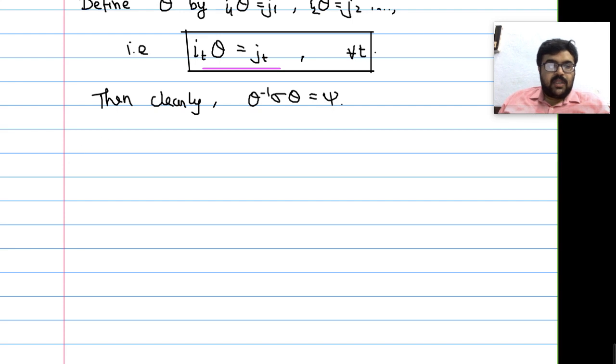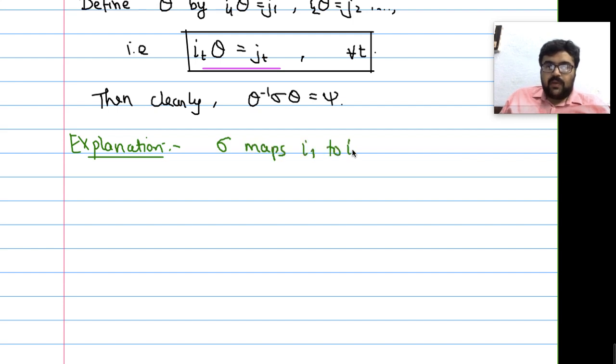So this is the explanation part, just for our understanding. All this stuff is so trivial that it takes time to understand, so there is nothing to prove here. So for explanation, sigma maps i1 to i2.